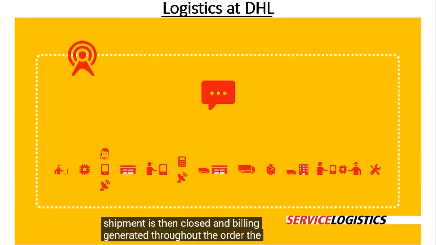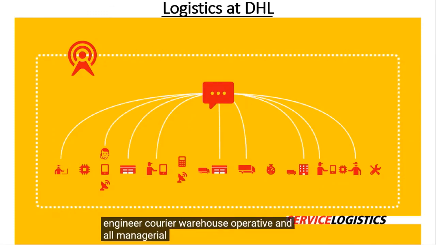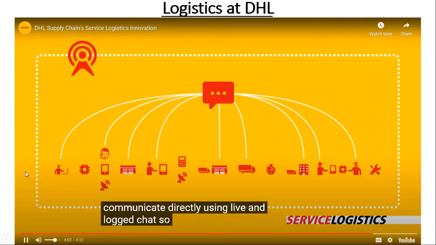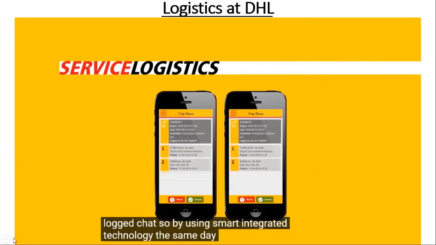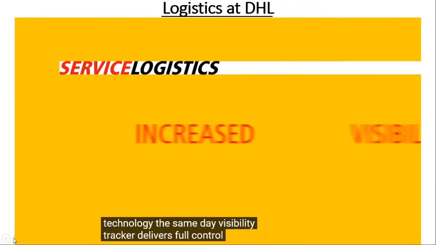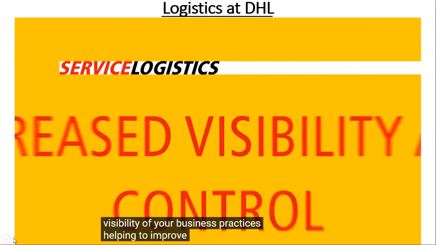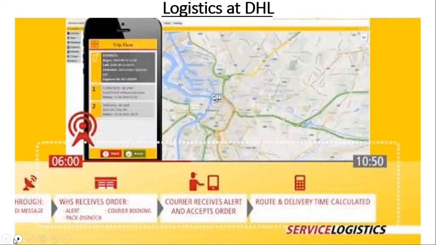Throughout the order, the engineer, courier, warehouse operative, and all managerial system users can communicate directly using live and logged chat. So by using smart integrated technology, the same-day visibility tracker delivers full control and visibility over your business practices, helping to improve planning, increase profitability, and bring all contributors.